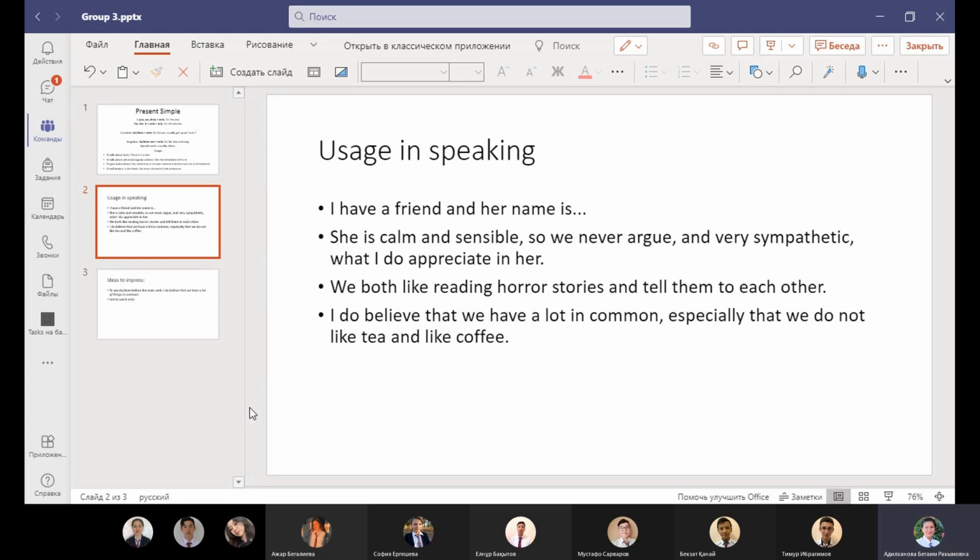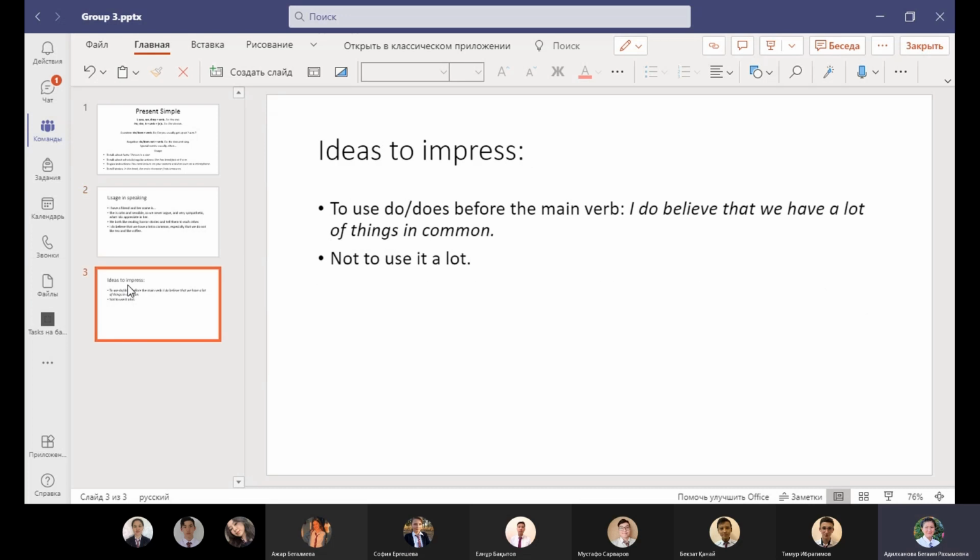I think that you mean this one. And for example, if you want to emphasize, you can use, as it was mentioned by Sophia, do, does. You can use does when you are talking about the third person. For example, we do have a lot in common. She does like the same type of music that I do, for example.